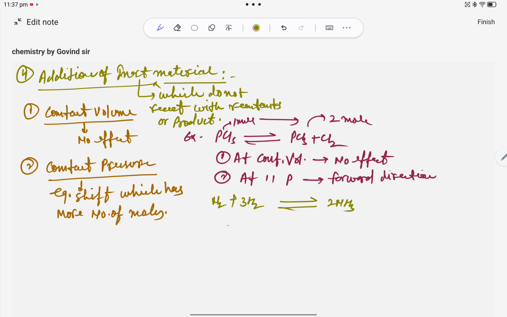Here also, first case, no shift. Second, constant pressure. Here 2 moles and here 4 moles, then backward shift.